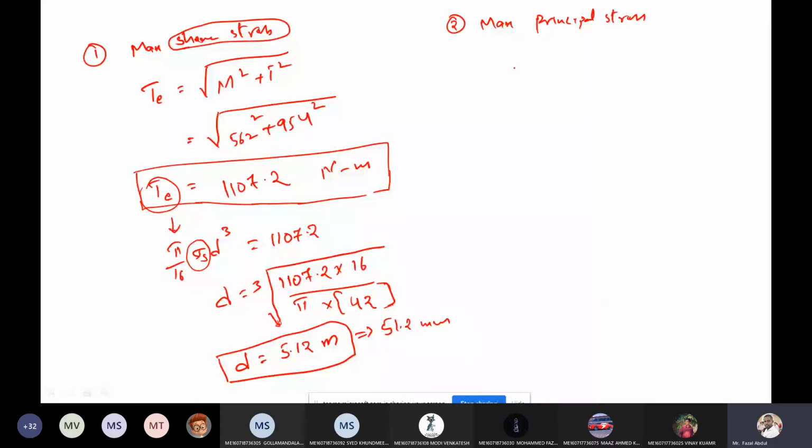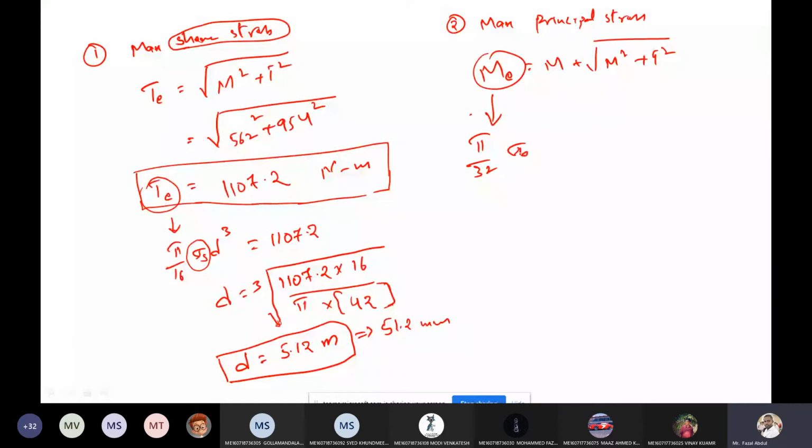Maximum principal stress theory: equivalent bending moment Me equals m plus square root of m square plus t square. Now what is Me? Pi by 32 sigma b into d cube.